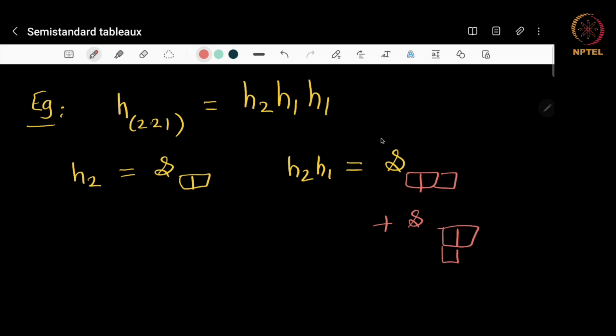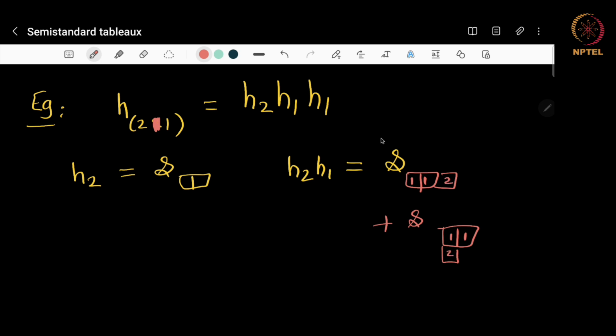Sorry, h2 h1 h1. So 2 1 1 is h2 h1 h1, so I have to attach a single box there or there, and so maybe we should also put numbers. These were the two boxes attached in the first step. This is the box attached in the second step, right?